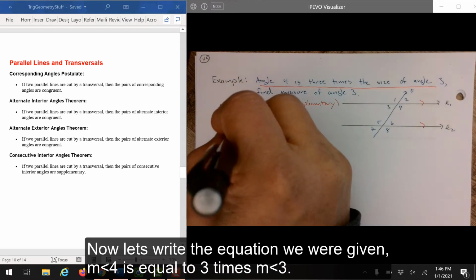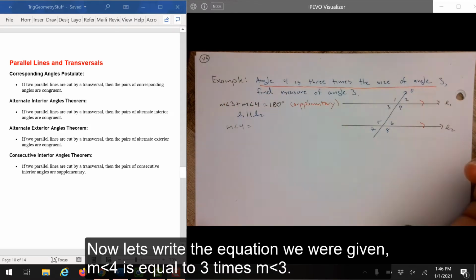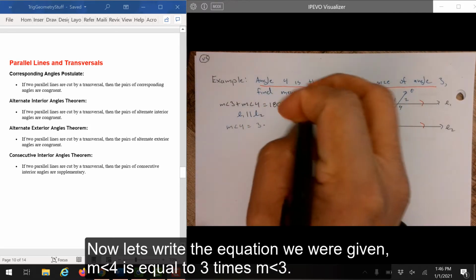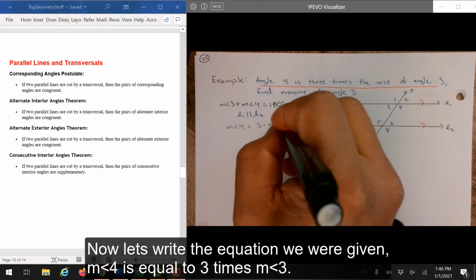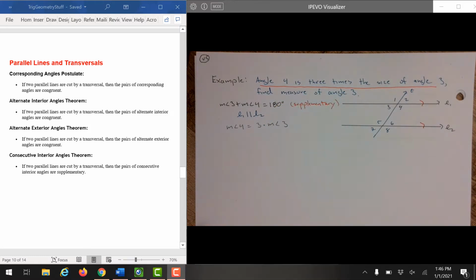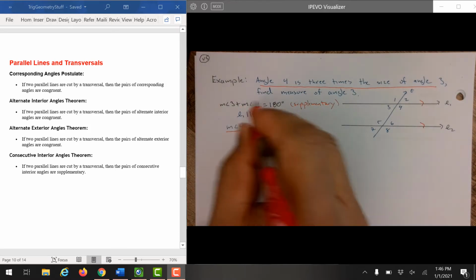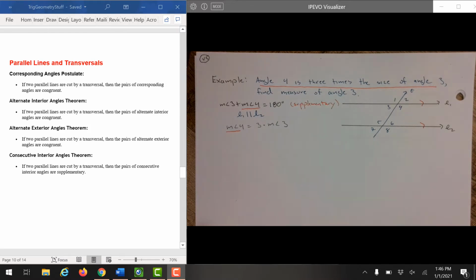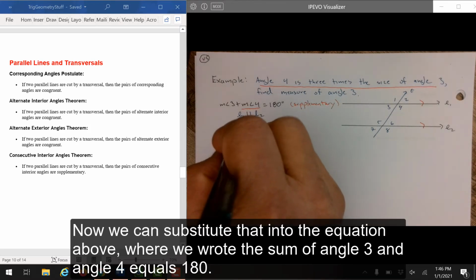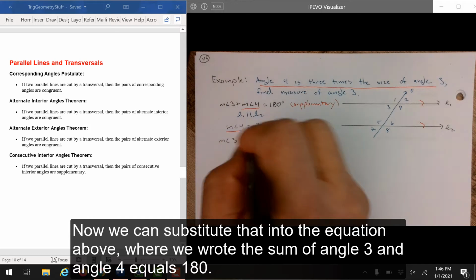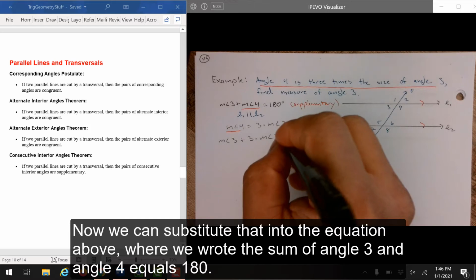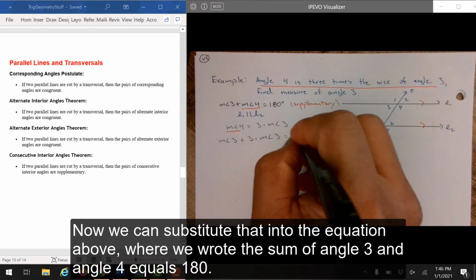Now, let's write the equation we were given. The measure of angle 4 is equal to 3 times the measure of angle 3. Now we can substitute that into the equation above, where we wrote the sum of angle 3 and angle 4 equals 180.